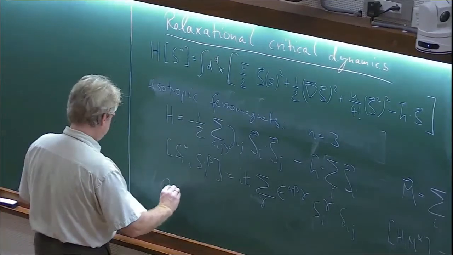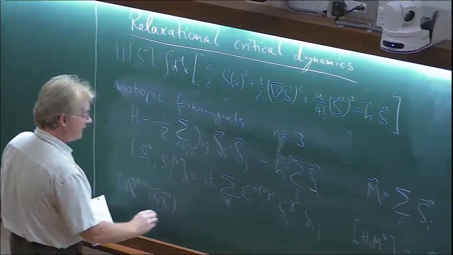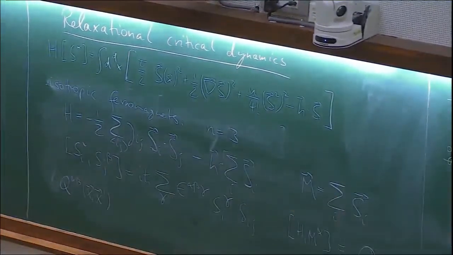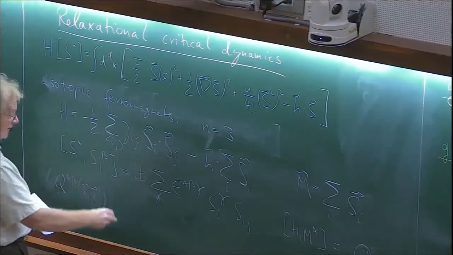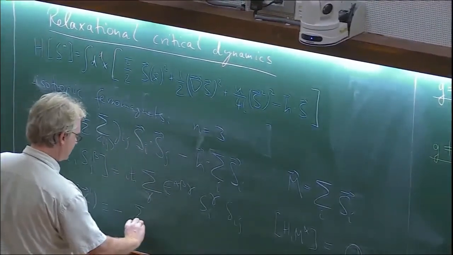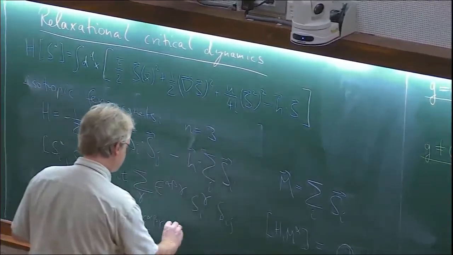But what is my Poisson bracket? The Poisson bracket is really just that commutator. So I've now changed from lattice variables, microscopic, to some kind of mesoscopic fields. I want to get from i over h-bar times the commutator to the Poisson bracket, so there's another factor of i. And that other factor of i gives me a minus sign, if I want to insist on that. Actually, it doesn't matter. And then I get these antisymmetric tensors.